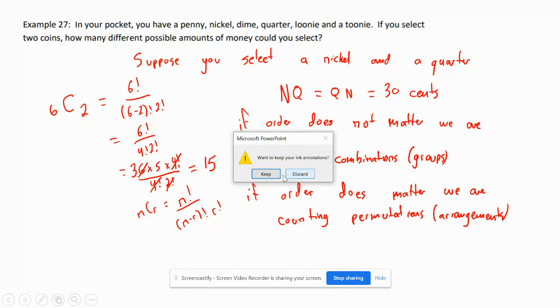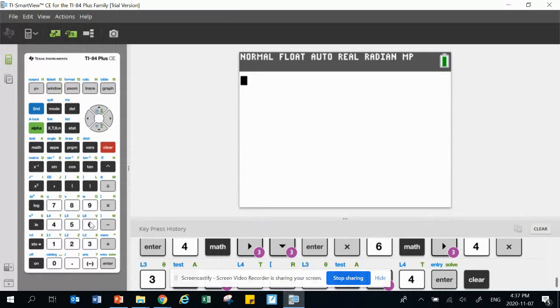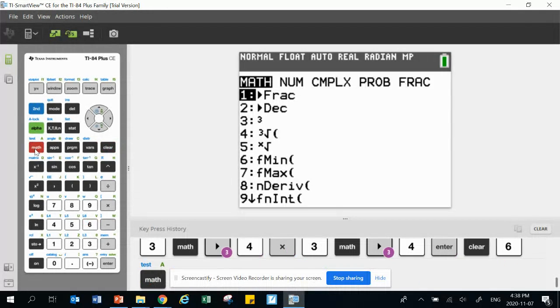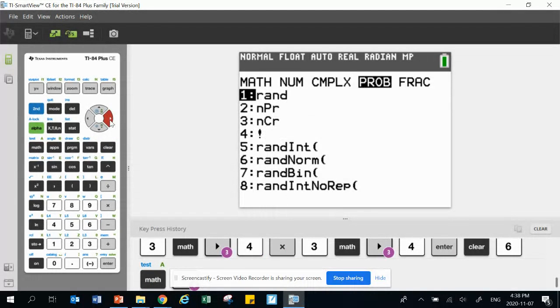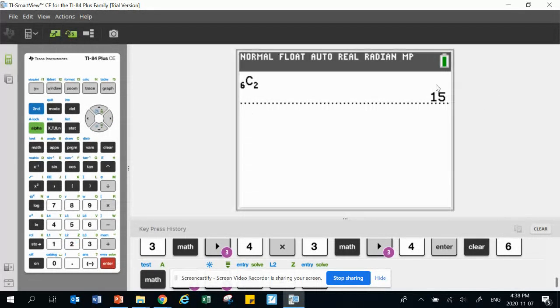A quick way is to use your calculator. If I want to do 6 choose 2, you have 6, math, nCr, 2. Answer is 15.